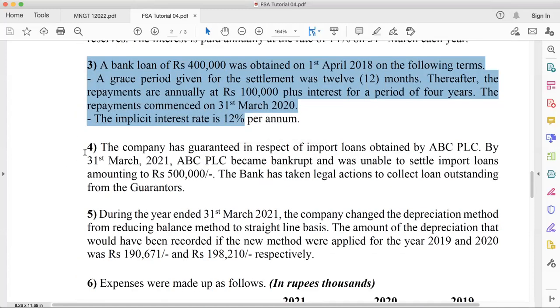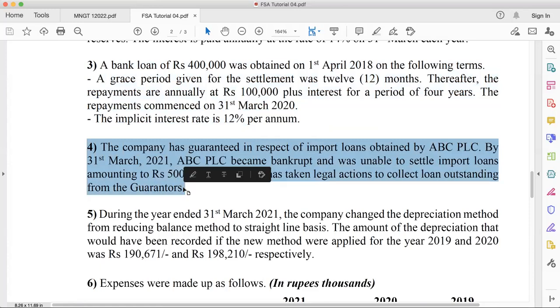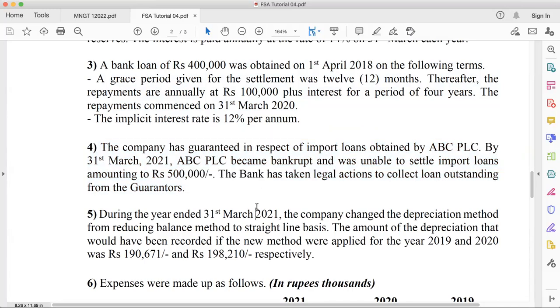Then number 4, the company guaranteed import loans obtained by ABC company by 31st March 2021. ABC became bankrupt and unable to settle the import loans. So now you are liable to pay this 500,000. So this should be your liability.